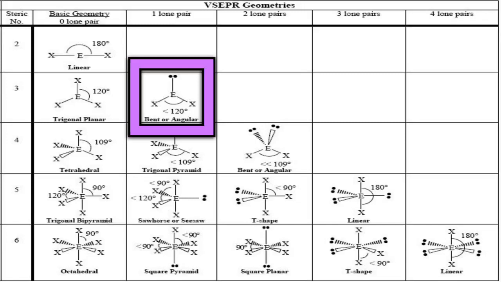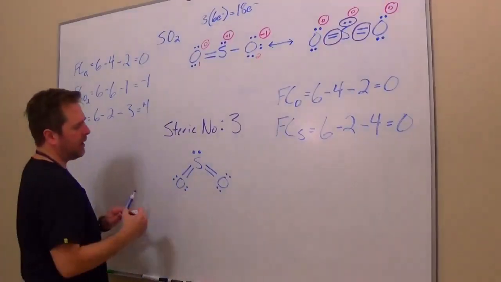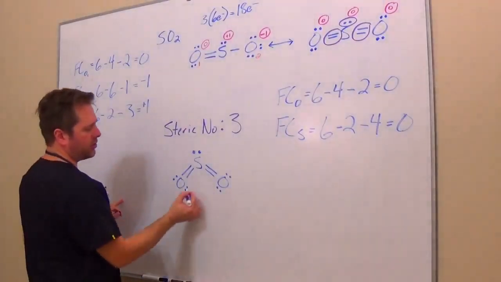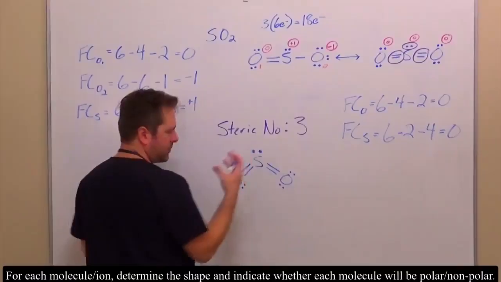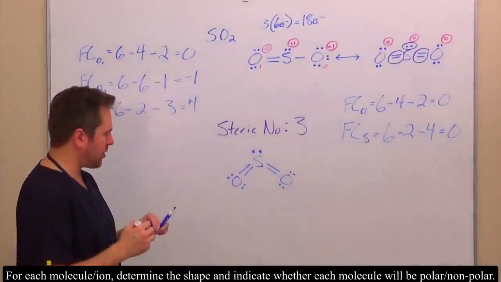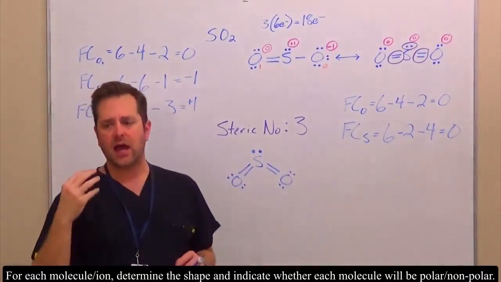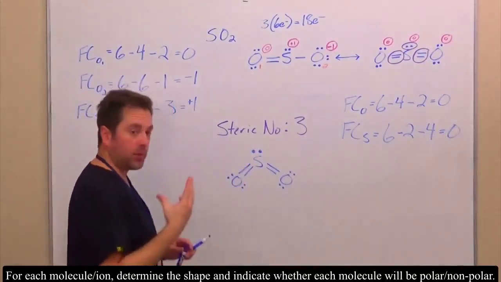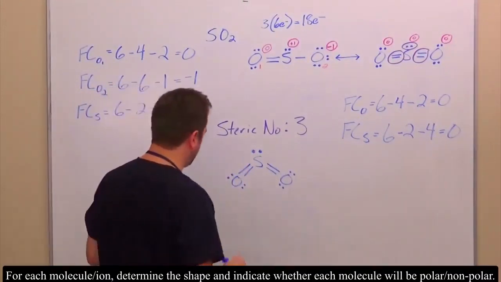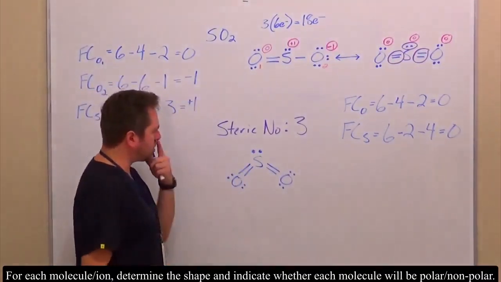As far as angles, the angle from here to here is going to be less than 120 degrees. Obviously I'm doing it on the board, I don't have a protractor, I can't be precise, but it's a good idea to commit these angle values to memory, at least the most common molecules that we'll contend with. So here's our basic shape.